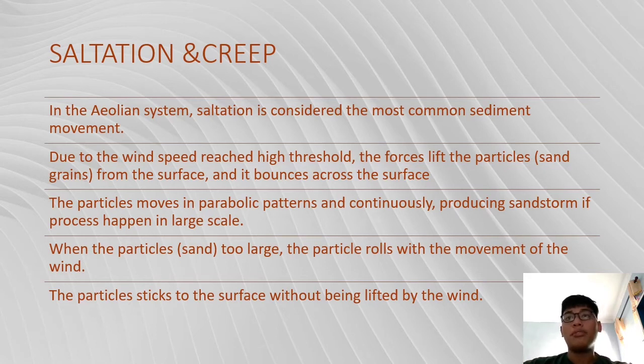The particles move in a parabolic pattern continuously, producing a sandstorm, a process that happens on a large scale. But when a sand grain is too large for the wind to lift, it will still move, but it rolls with the movement of the wind and still sticks to the surface.